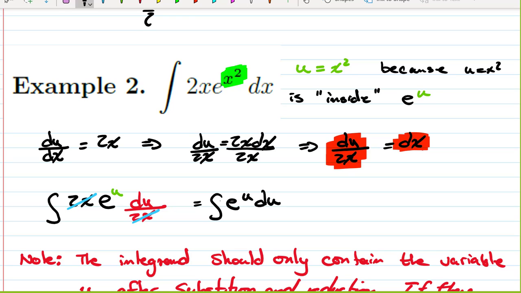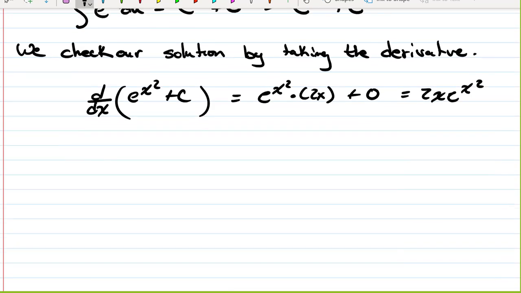So we can check our integrals by taking the derivative and seeing that we get what we started with, because derivatives and integrals are inverses.